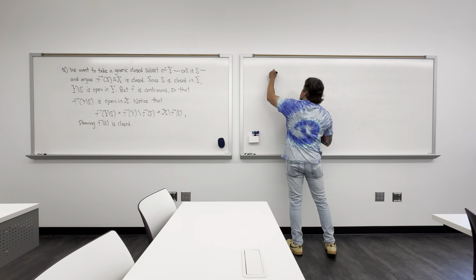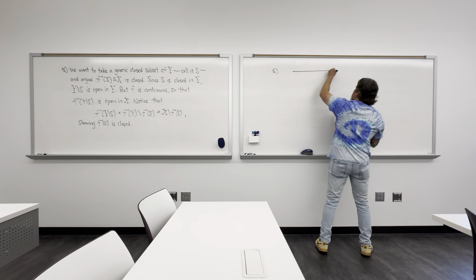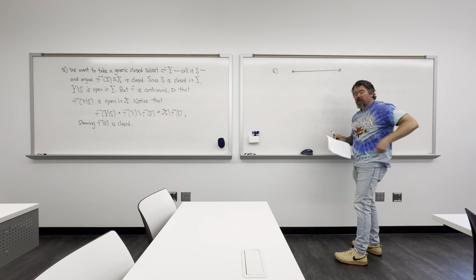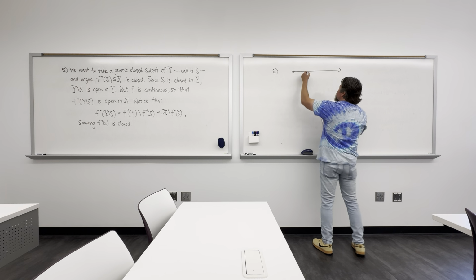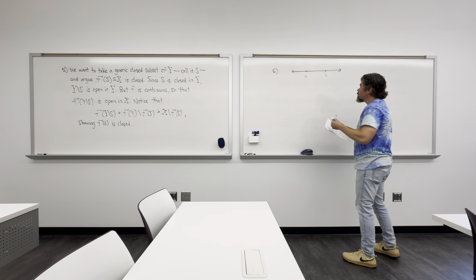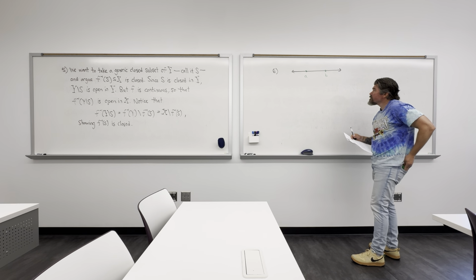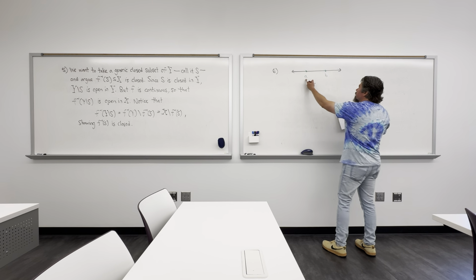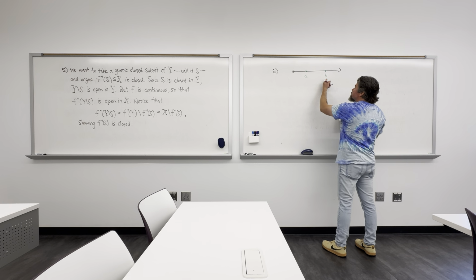So number 6, if we have R, I'm not going to prove it formally, but I'm going to argue it visually. So if we take 2 points in R, A and B, then we want to create open sets around A and B that are disjoint.